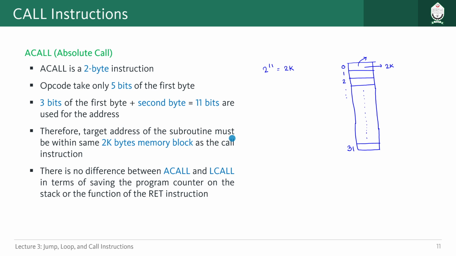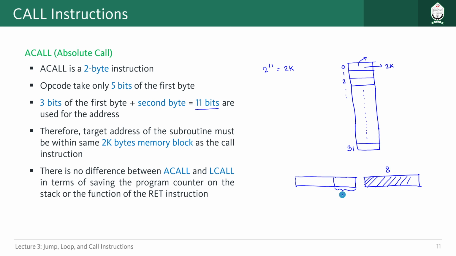otherwise there will be a problem. Because how absolute call works is, because you have only 11 bits to represent the target address, these 11 bits, so basically let us represent a total 16 bit address. So a call can only represent the 8 bits here, and from there only 3, right?